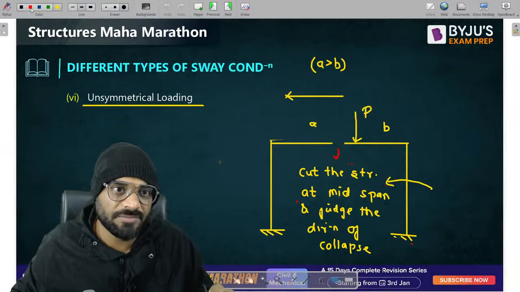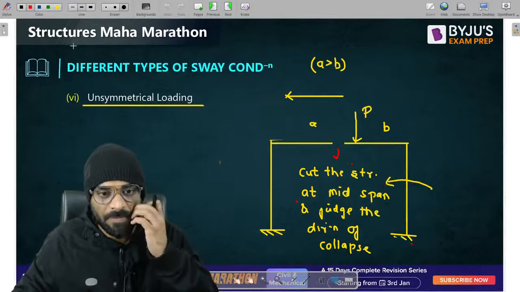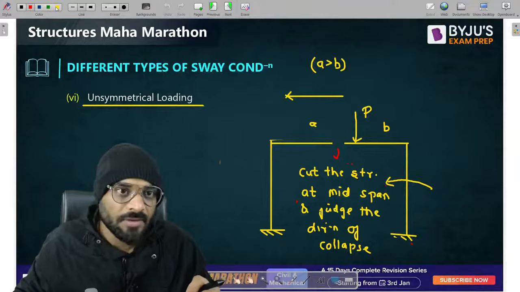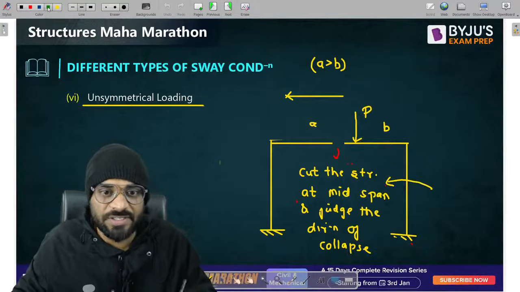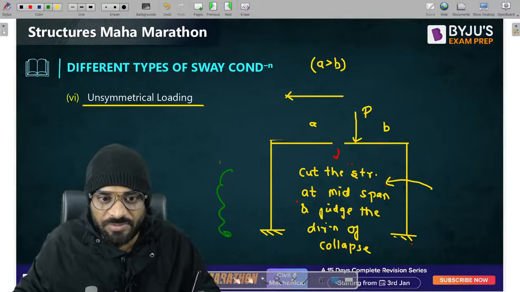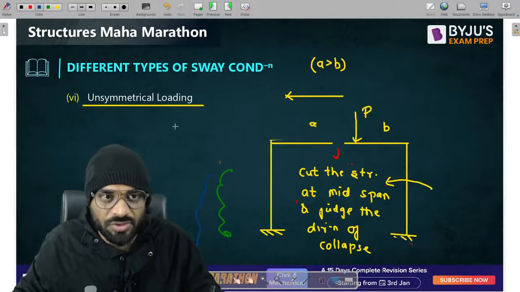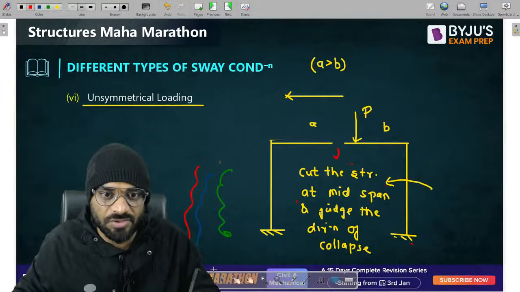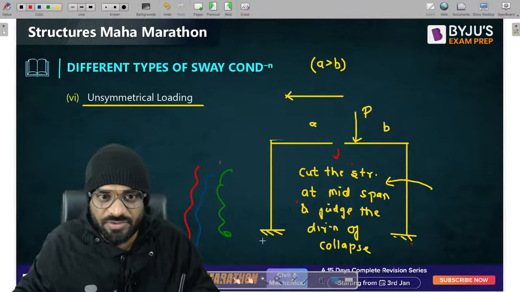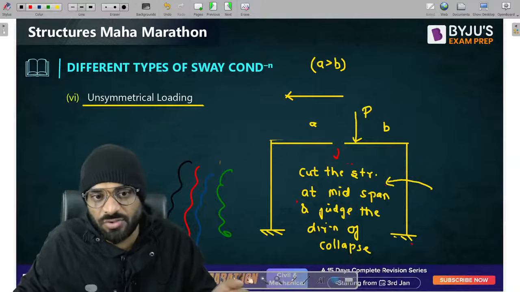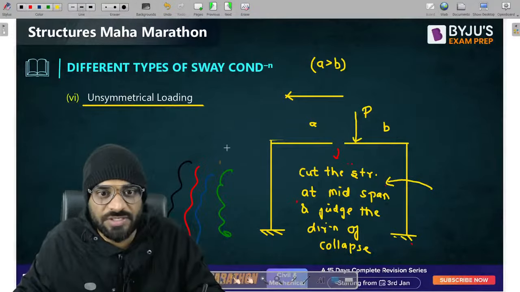It's better. Clear? This one is yellow and this one is green. I think green is also not visible to you properly. Then we have blue, which is also not visible. Then we have red, which is also not visible. Some of the students are complaining about this, right? Then the last option is black, which is also not visible. So the only option I can use is yellow.